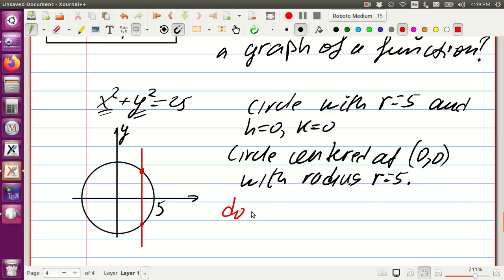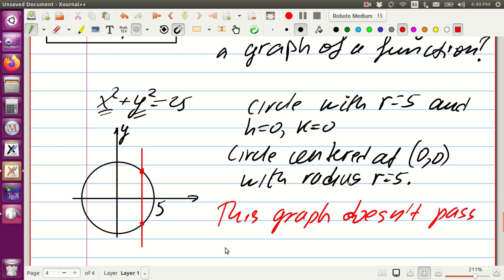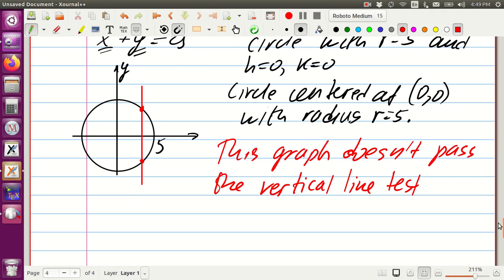So we say this graph does not pass the vertical line test. So it is not a graph of a function.